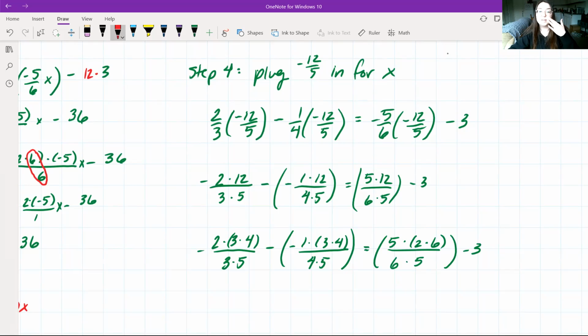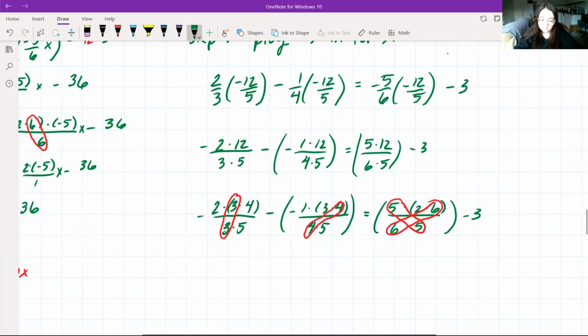So let's go ahead and identify what values we still have in our numerator and our denominator. We still have 3 in our first term in our numerator and our denominator. We have 4 in our numerator and our denominator in our second term. And in our third term, we have 5 in our numerator and our denominator, and we also have 6.